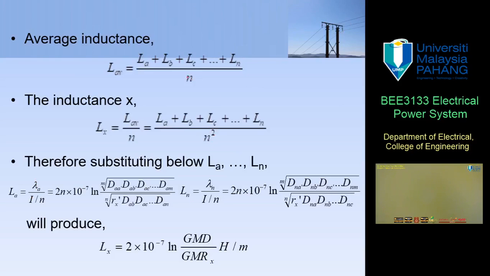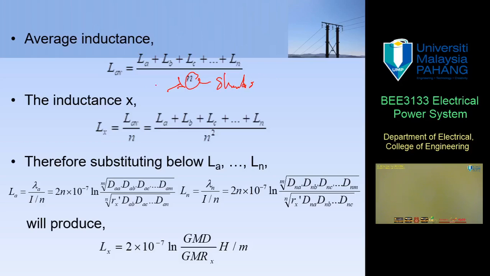The average inductance. You can simply add all the inductance and divide by the number of strands in that conductor. For example, for this case, the conductor X has N strands of subconductors.